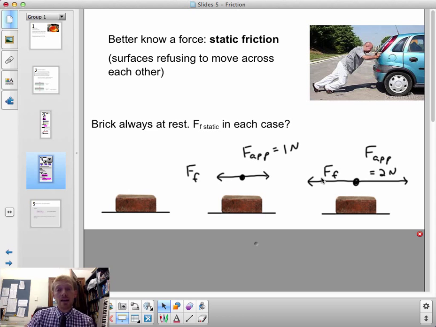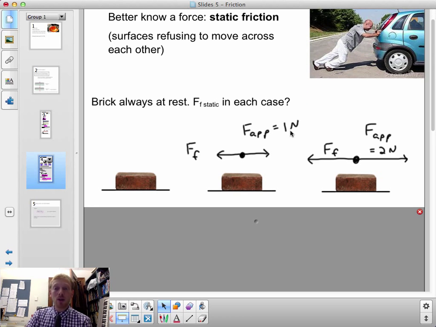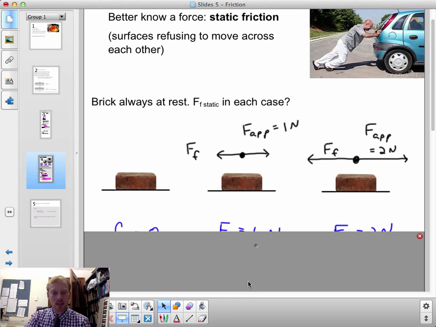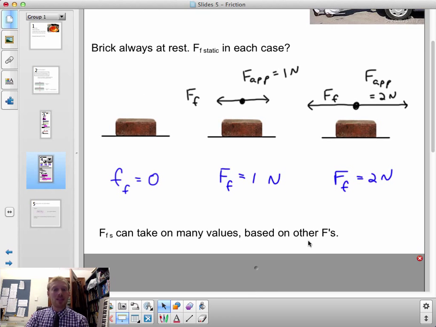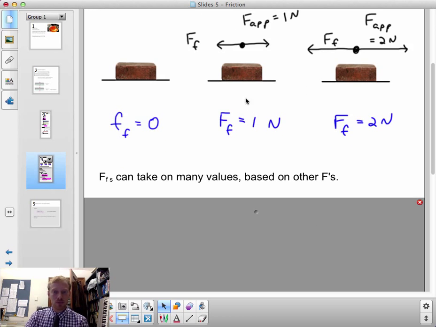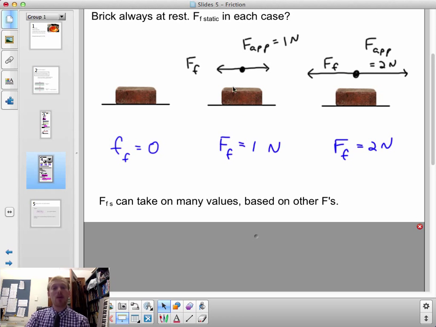So it looks like when an object's not moving, not sliding across another surface, the value of the friction force can take on many values. The friction force can be 0, or 1 Newton, or 2 Newtons, or 1.5, or 1.2385959. There are many different values that the friction force can take on when it is a static friction force. And it takes on different values in a way that is kind of like that of a reaction force.